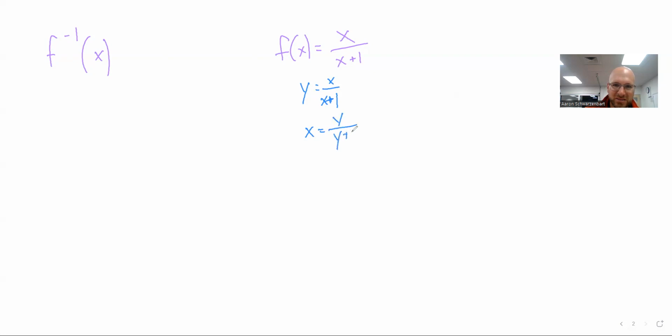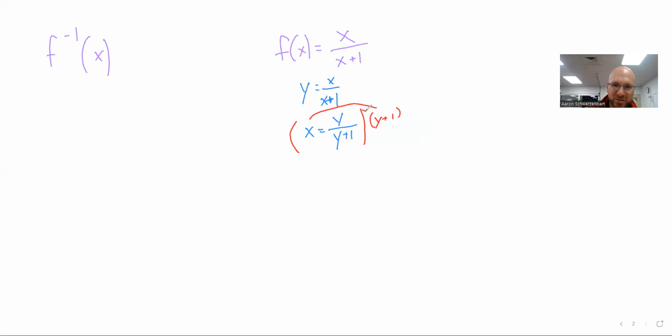Switch y and x. So all the y's become x's, all the x's become y's. Now I get the fun part of solving this for y, because f inverse of x is essentially in y equals form. So to solve for y, I'm going to multiply both sides by y plus 1.